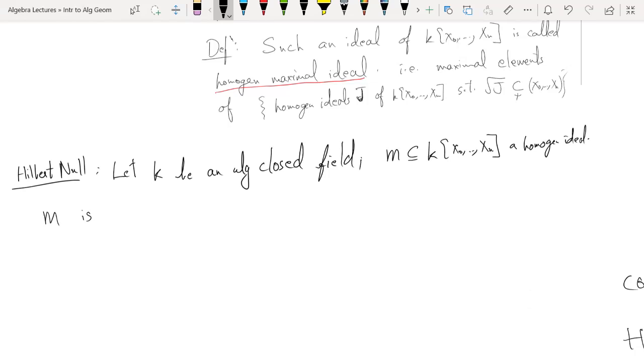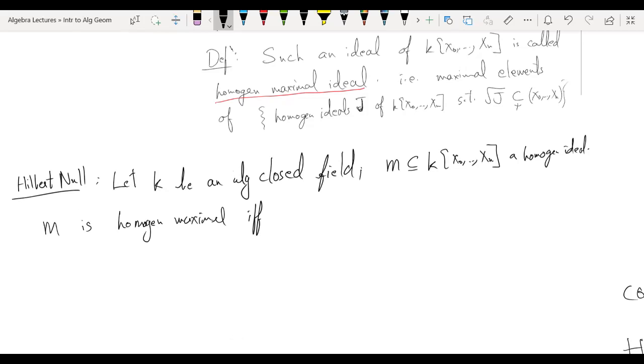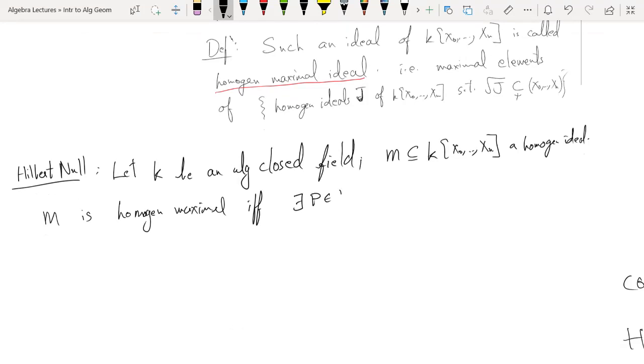M is homogeneous maximal, that means maximal among homogeneous ideals whose radical is properly contained in (x0, ..., xn), if and only if there exists P in P^n such that M equals the ideal of definition of P.